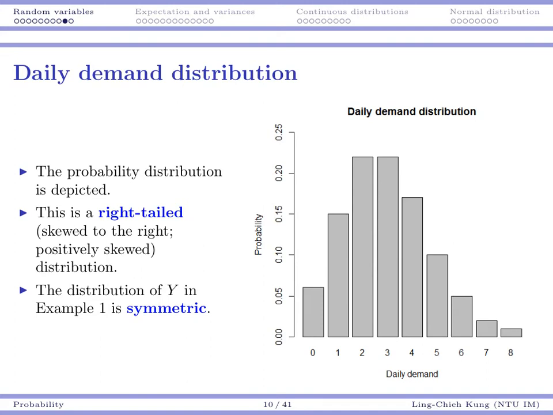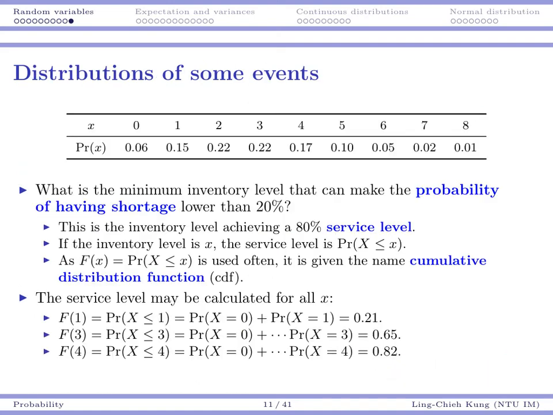I can also see that this is a right-tailed probability distribution, or I can say skewed to the right, or positively skewed, because there is a long tail at right. If we think about the distribution of y in example 1, then that's going to be a symmetric distribution. So I can talk about the shape of distribution based on this kind of graphs.